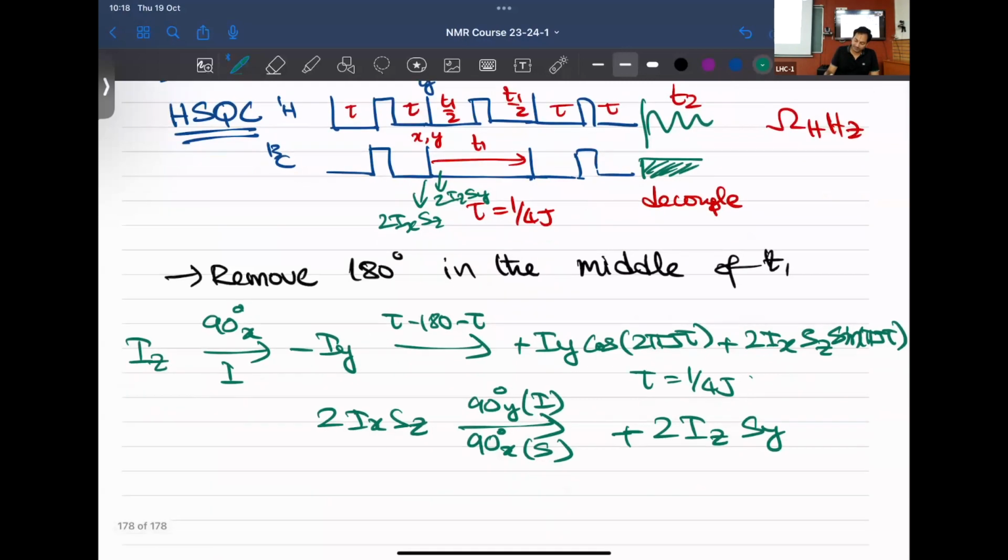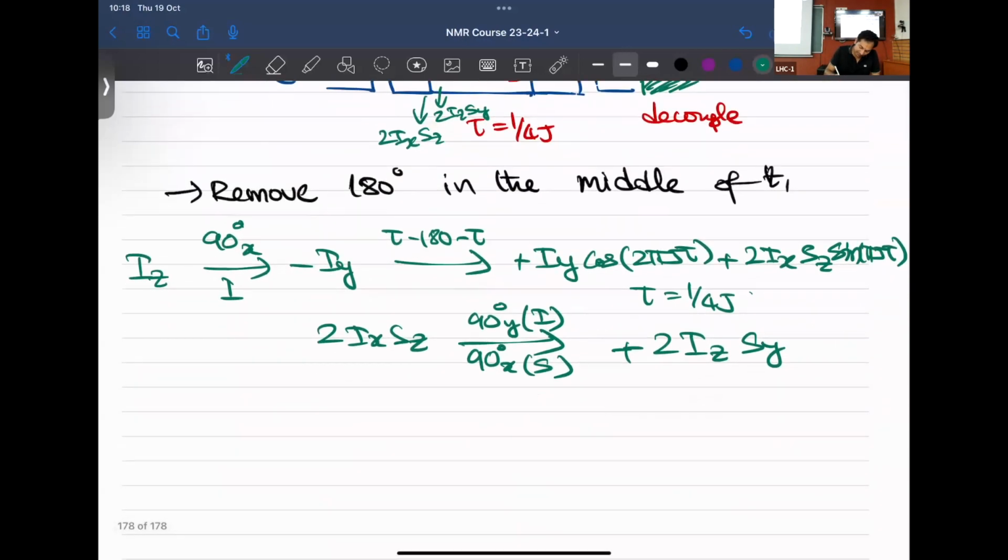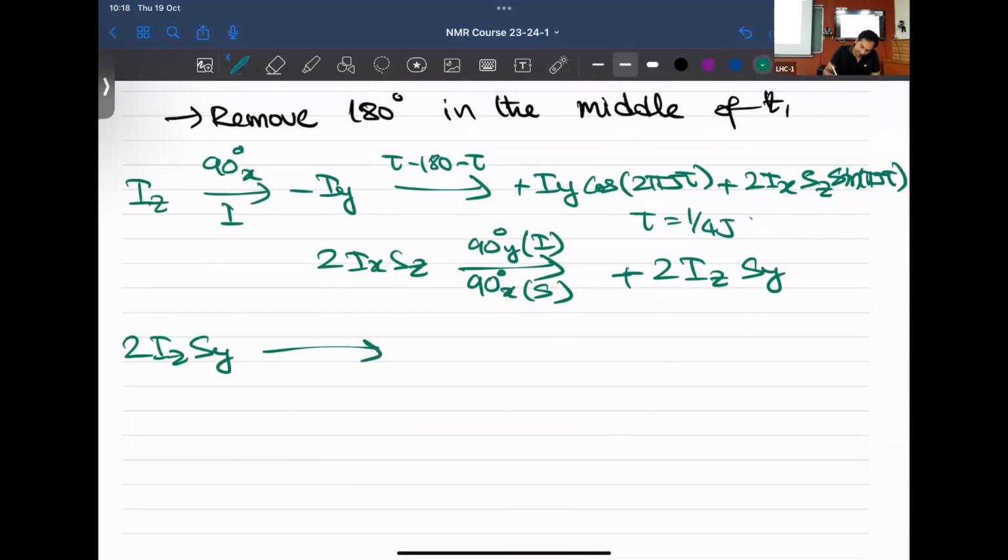So now the question is, when I have 2IZ SY, the tau 180 tau period, or rather the t1 by 2, 180, t1 by 2 period, what happens? We were able to see that the proton chemical shift will not evolve because IZ will commute with IZ.